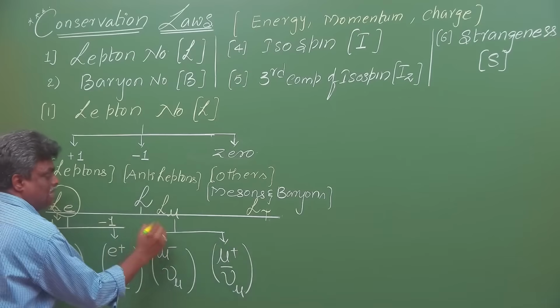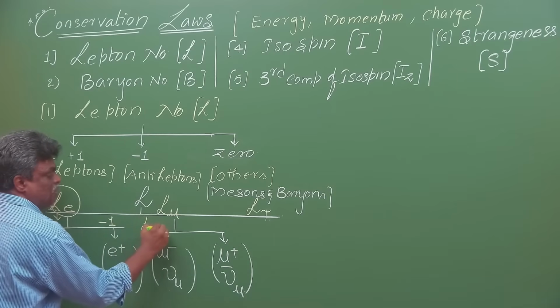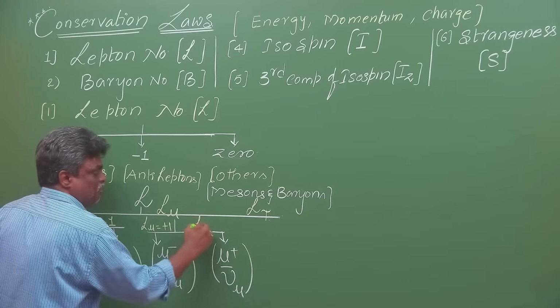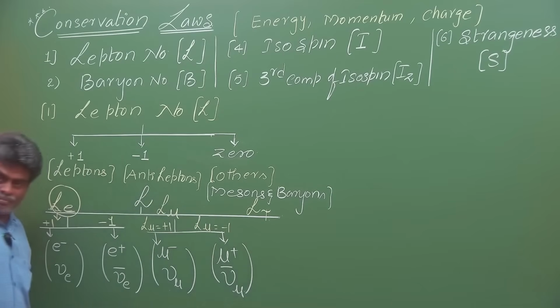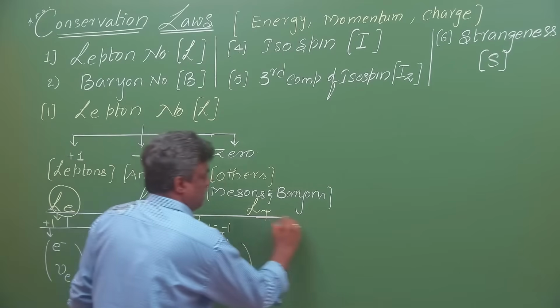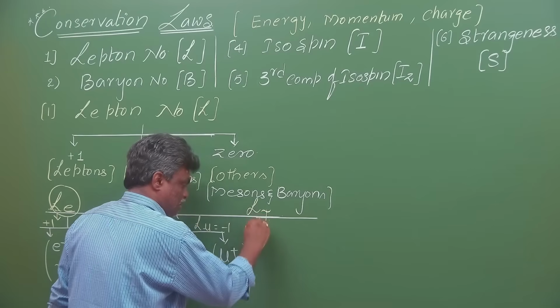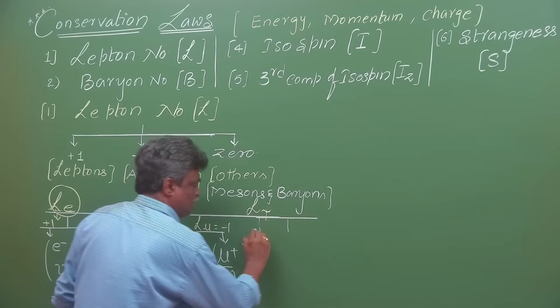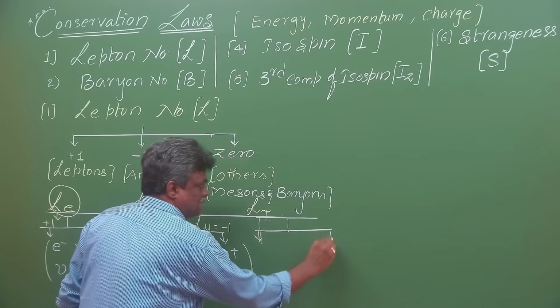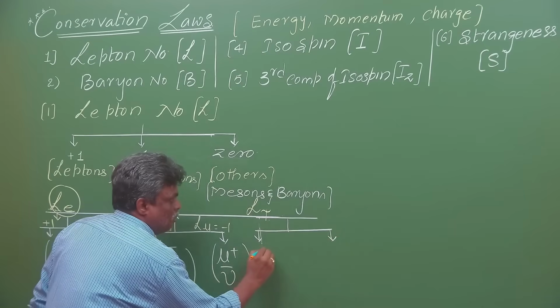Now, what is L mu for this? That's good. Again, for tau, you have again particle as well as antiparticle, tau particles.